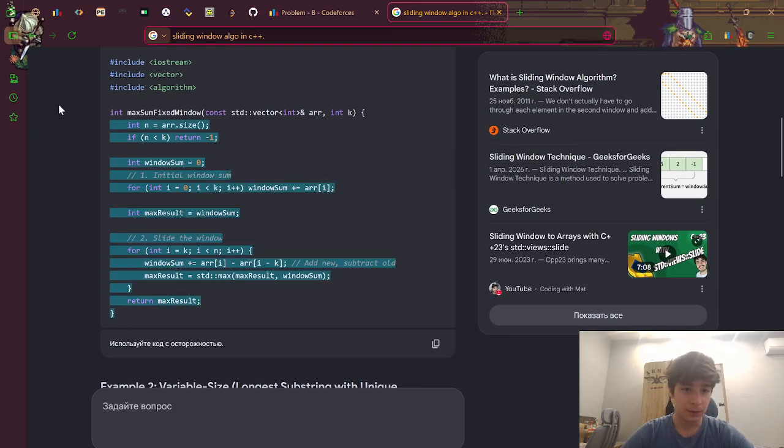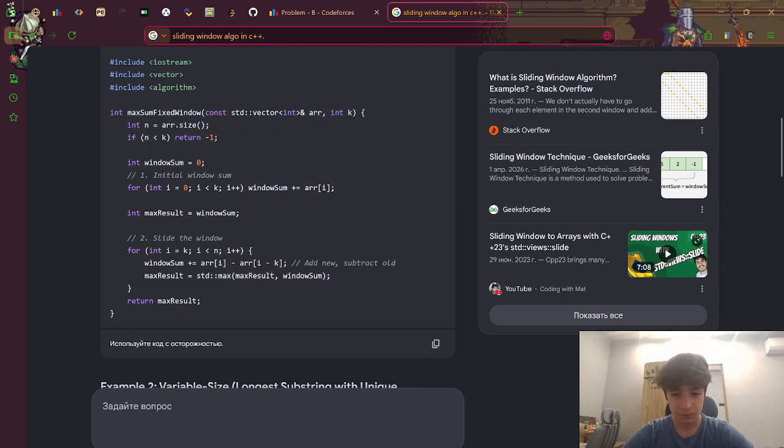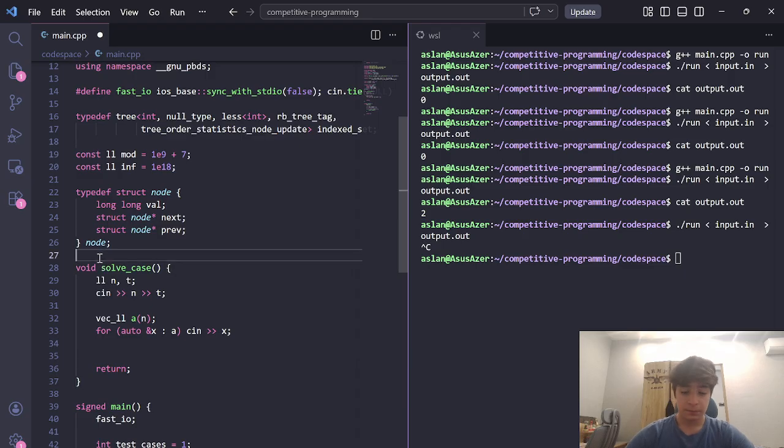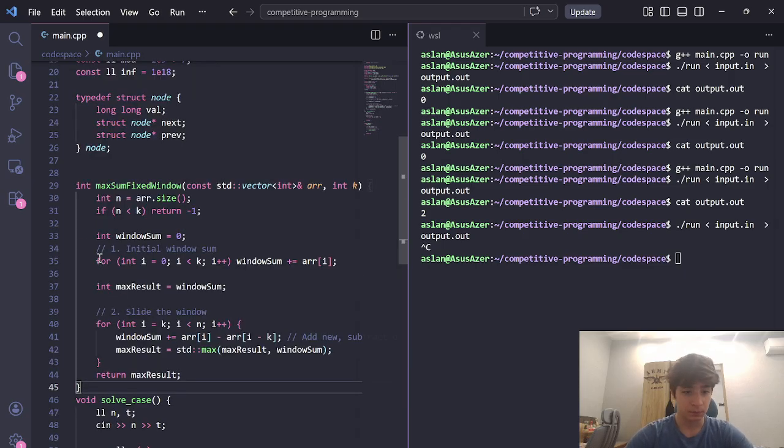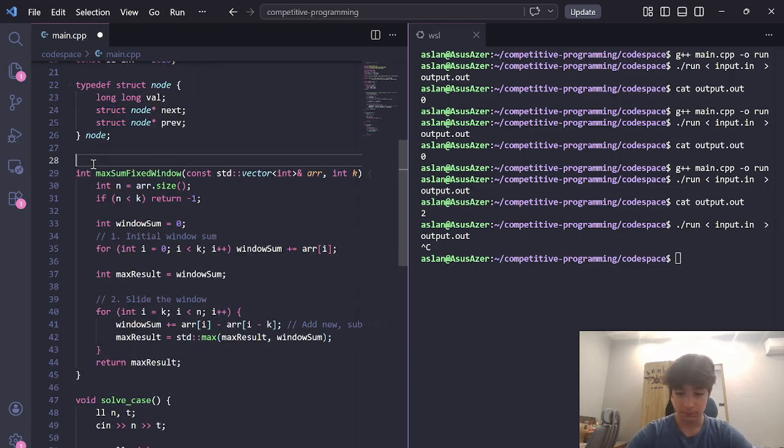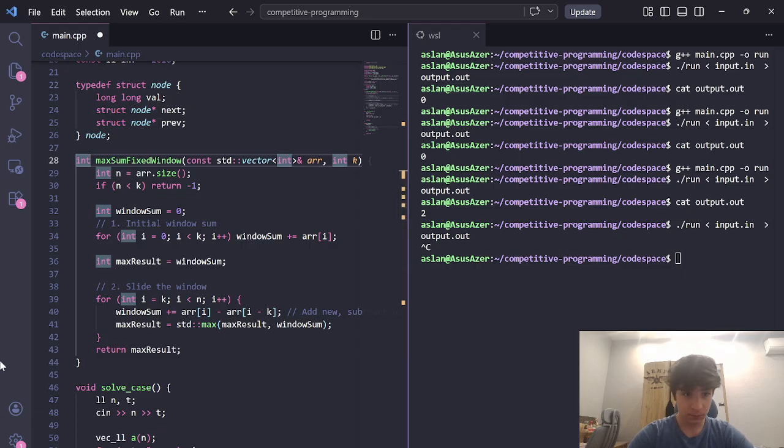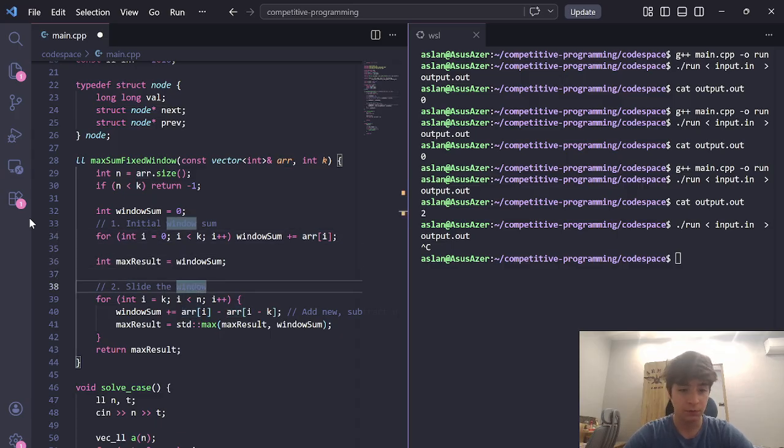Let me copy this. Then come back right there. Holy crap. So and put there long long and to clean the code. Initialize window sum. Int max result is equal to the window sum. Okay, slide the window.